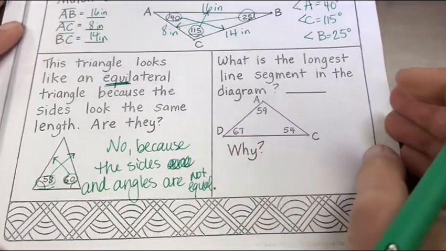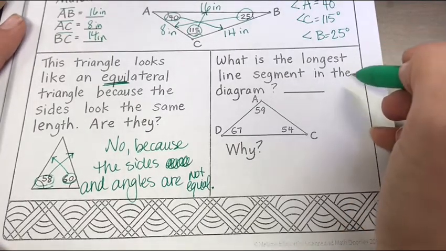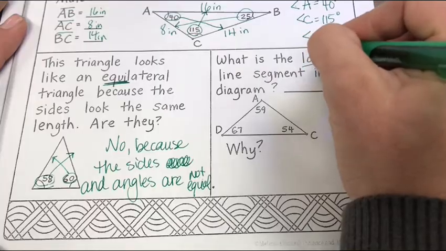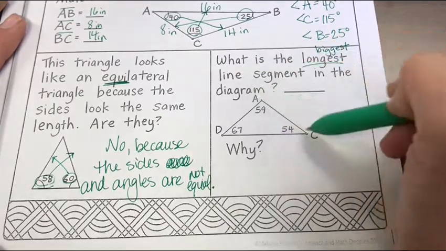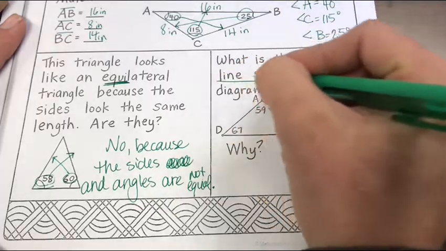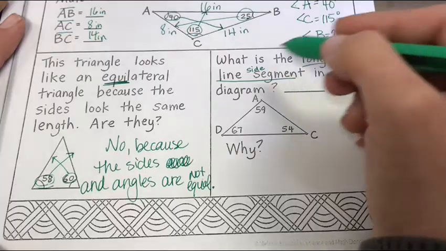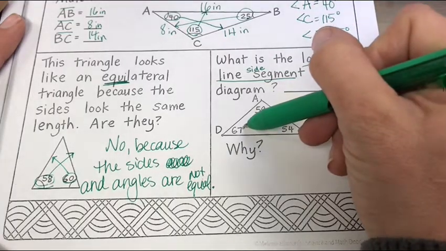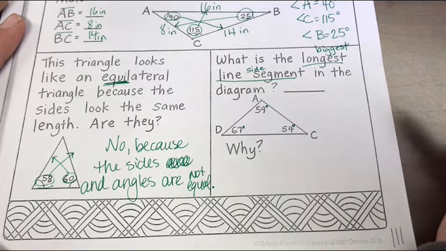Okay? All right, again, if I'm going too fast, pause it. So what is the longest line segment? So longest means biggest, right? So we want the biggest line, the biggest side. Okay, so line segment, it just means which side. So I'm going to look at these. This is 67 degrees, 59 degrees, and 54 degrees.